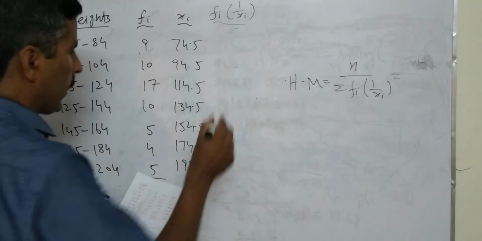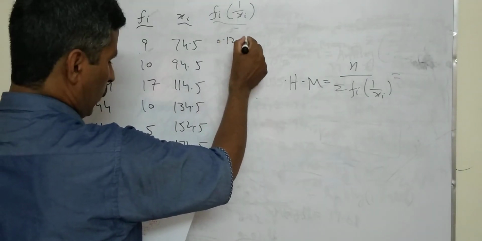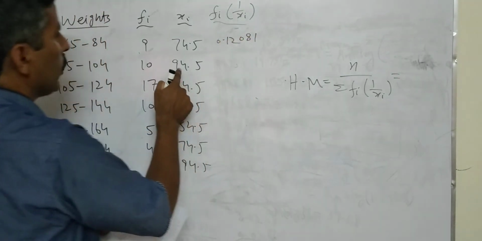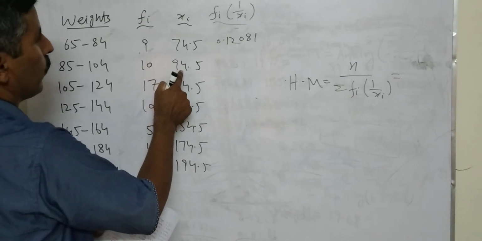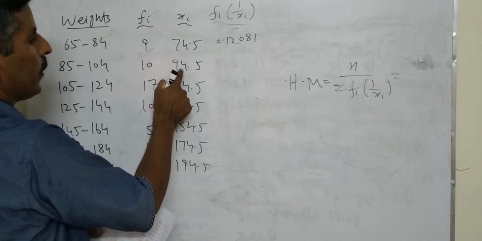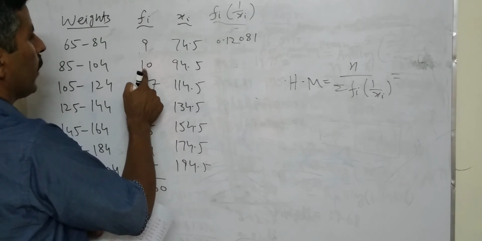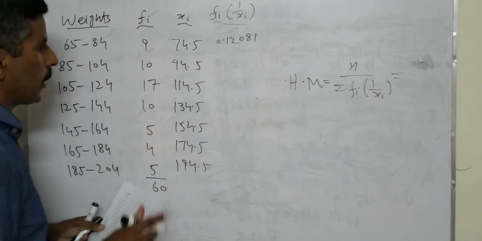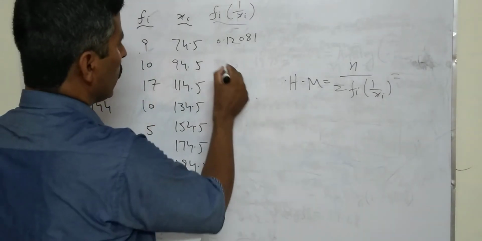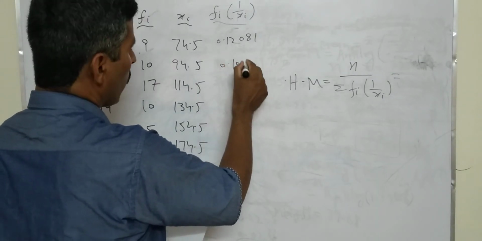The first value you will get is 0.12081, and then you take the reciprocal of 94.5, which is 1 divided by 94.5, and this is multiplied by fi, which is 10, and you will get 0.10582.